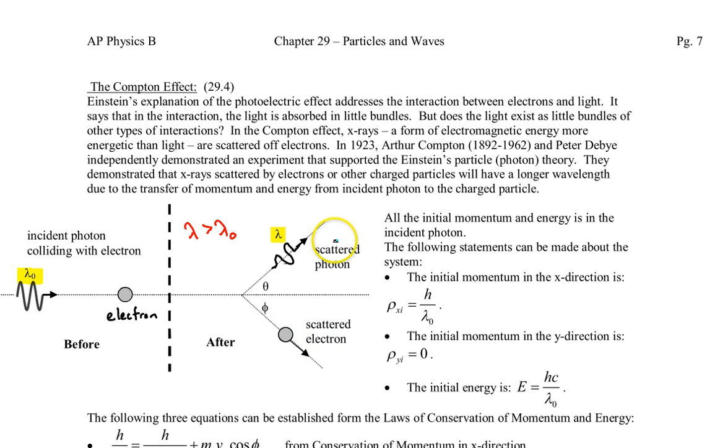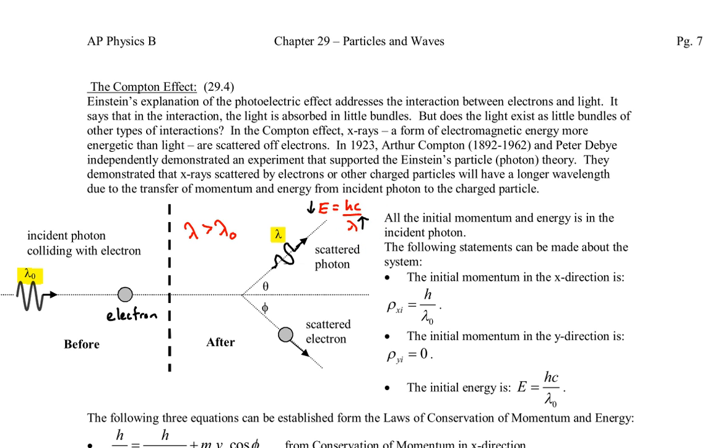So therefore, the scattered photon has less energy than the incident photon. And remember that E equals hc over lambda for a photon. And because the scattered photon has less energy than the initial photon, then it'll have a longer wavelength.